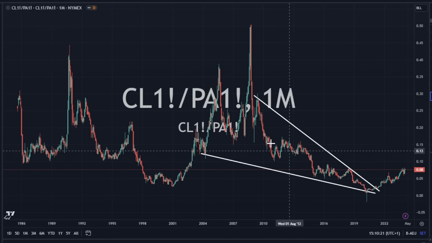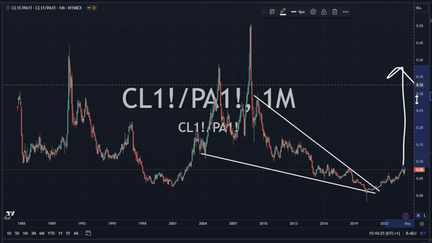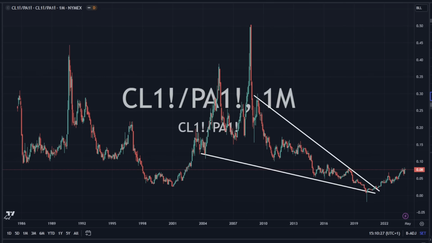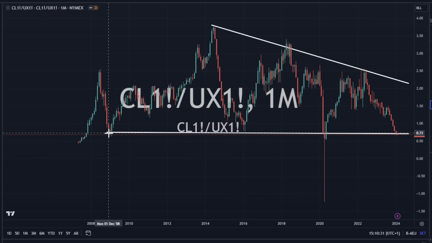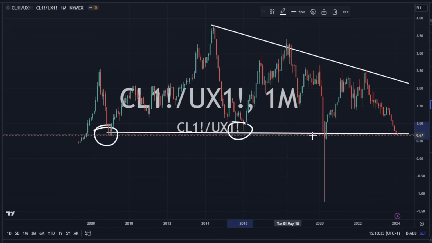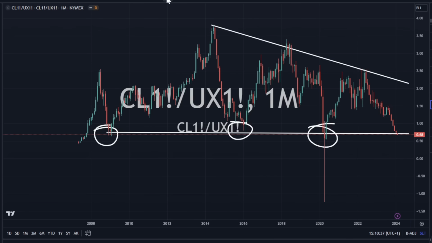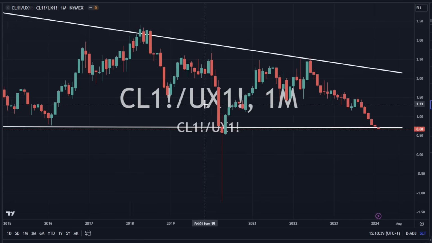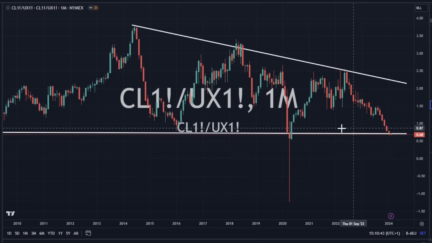Crude oil versus palladium, we have a squeeze up, a breakout to the upside, and I think we are going to continue higher in outperformance for crude oil. And then crude oil versus uranium, we're at a very low spot in history, which makes me think that crude oil is going to outperform uranium at some point, but it hasn't turned yet.